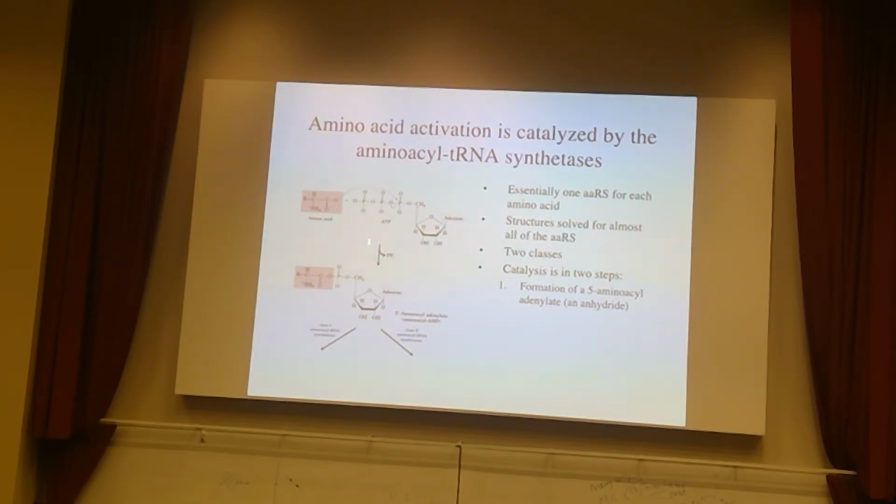So first, they're going to activate an amino acid by attaching it to an adenine nucleotide to create what's called an aminoacyl adenylate. So here's the reaction. This is the nucleophile, the carboxylic acid group, performing nucleophilic attack on the alpha phosphate of the 5' triphosphate group of adenosine triphosphate.